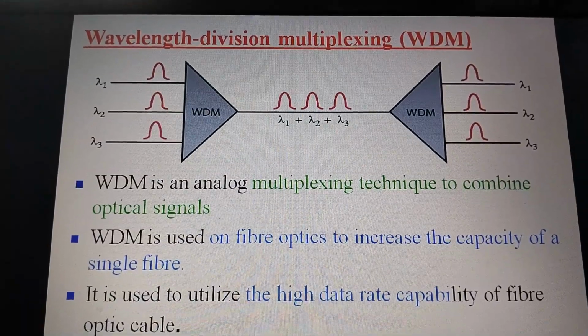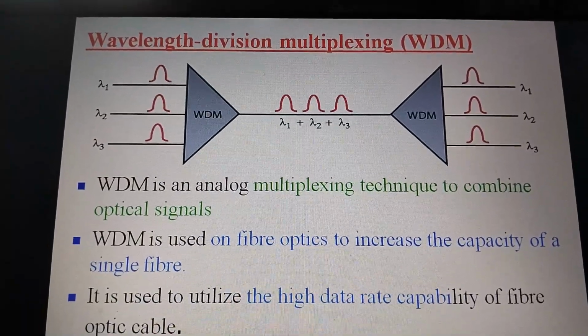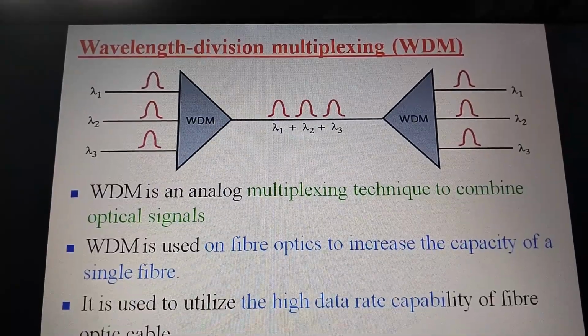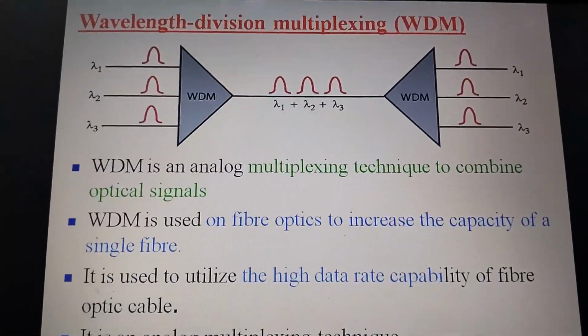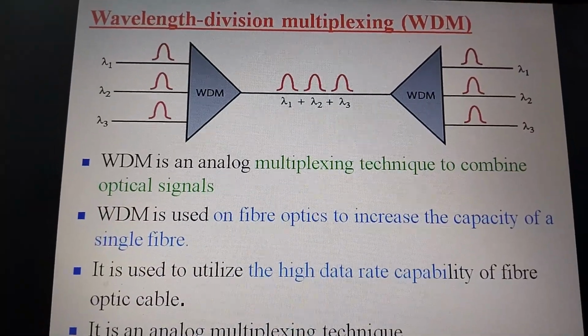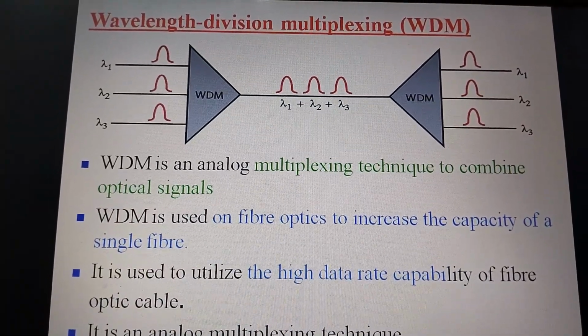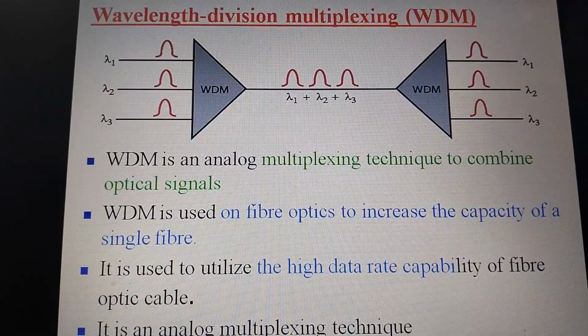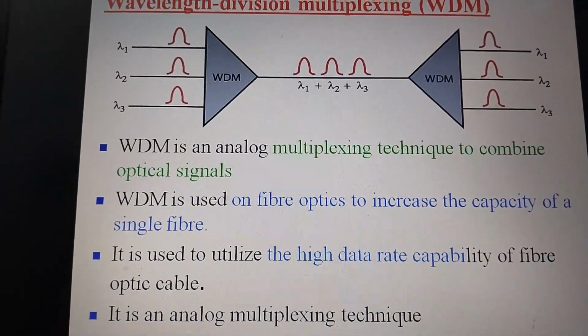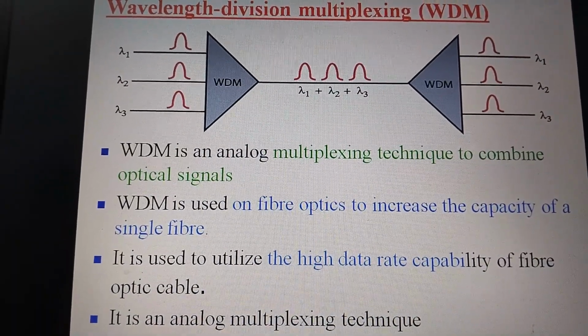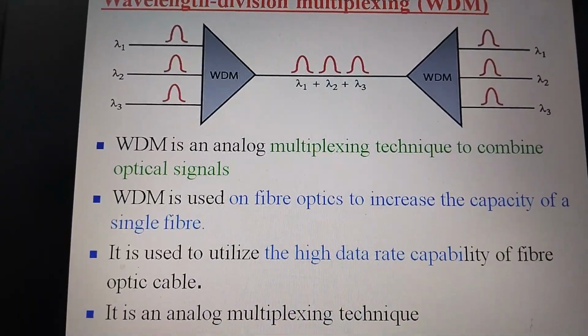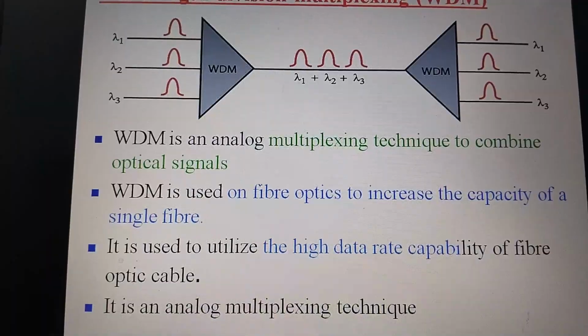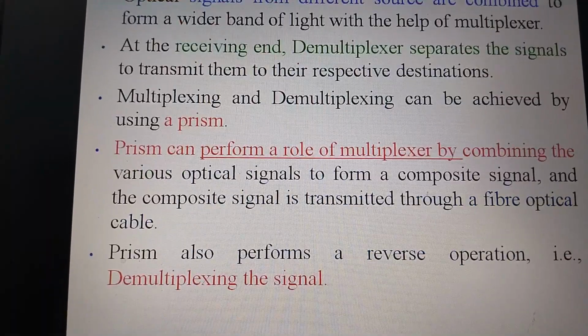Wavelength division multiplexing uses fiber optic cables to increase the capacity of a single fiber, and it is used to utilize the high data rate capability of fiber optics. Frequency division is used for low capacity frequencies, and it is also an analog multiplexing technique.